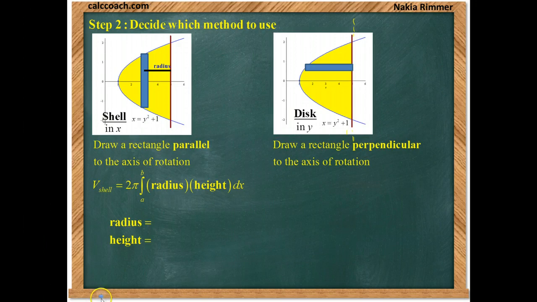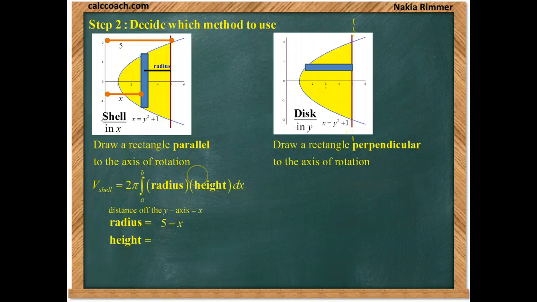We have this distance here, and from that we need to subtract another distance. How long is that? That's always going to be 5. From that we need to subtract the distance that's off the y-axis. That's called x. So our radius is 5 minus x.